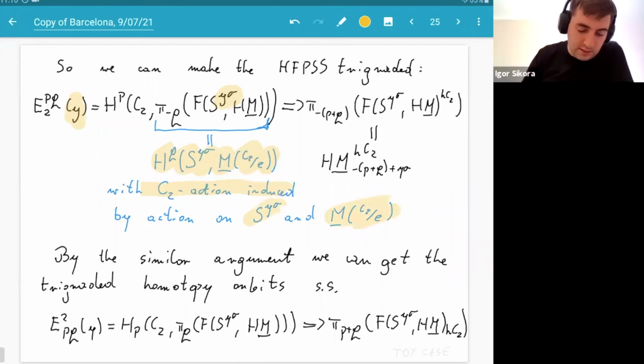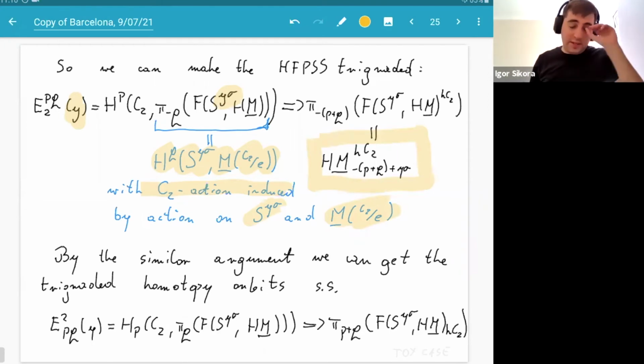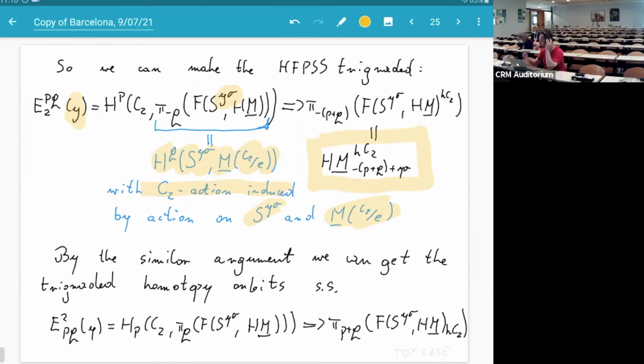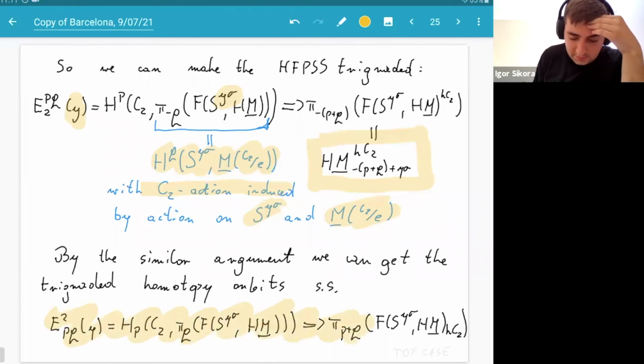So as we expected, this spectral sequence computes what we want. So it computes RC2-graded coefficients of the Borel completion. And by a similar argument, we can get the tri-graded homotopy orbit spectral sequence as given here.